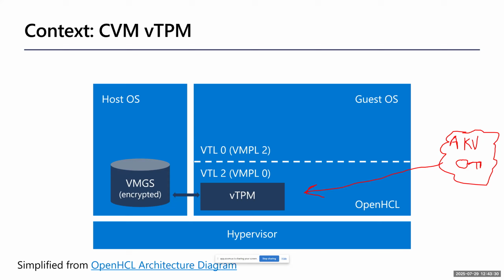Is that key managed by Microsoft in all circumstances, or can an Azure customer say, "Hey, for my confidential VM, I have my own Key Vault. I created it in Azure Key Vault, and I have management privileges to it, and I want my VMGS file and my CVM to use my Key Vault key to do the encryption."